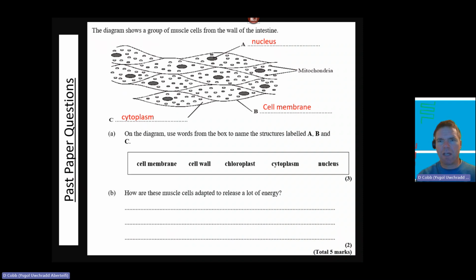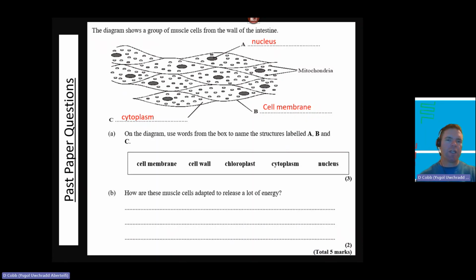The reason they've identified the mitochondria for you is because of the next question. It says, how are these muscles adapted to release a lot of energy? So what's the job here? This is usually the first stumbling block when you're covering this topic in class. Often it's this question which causes the problem, because you're having to apply the information that you know already.